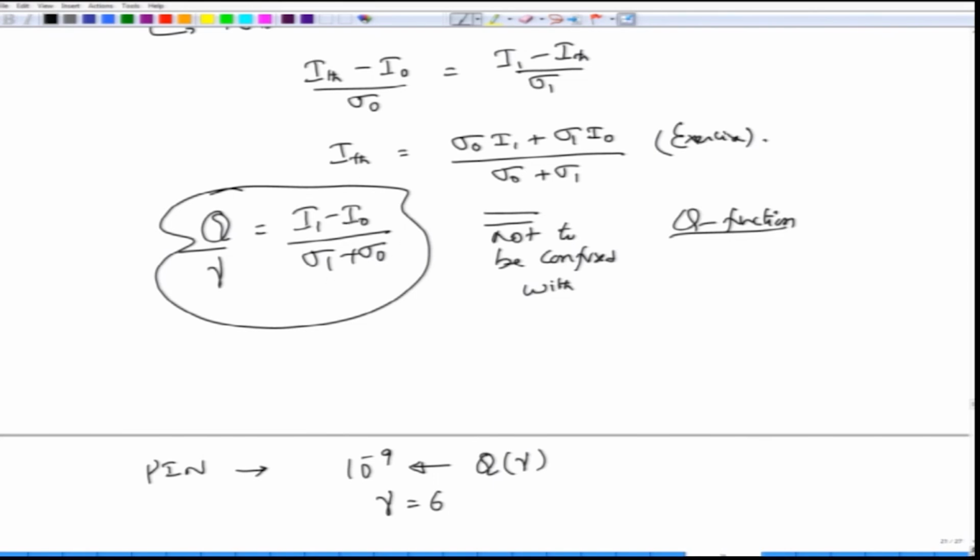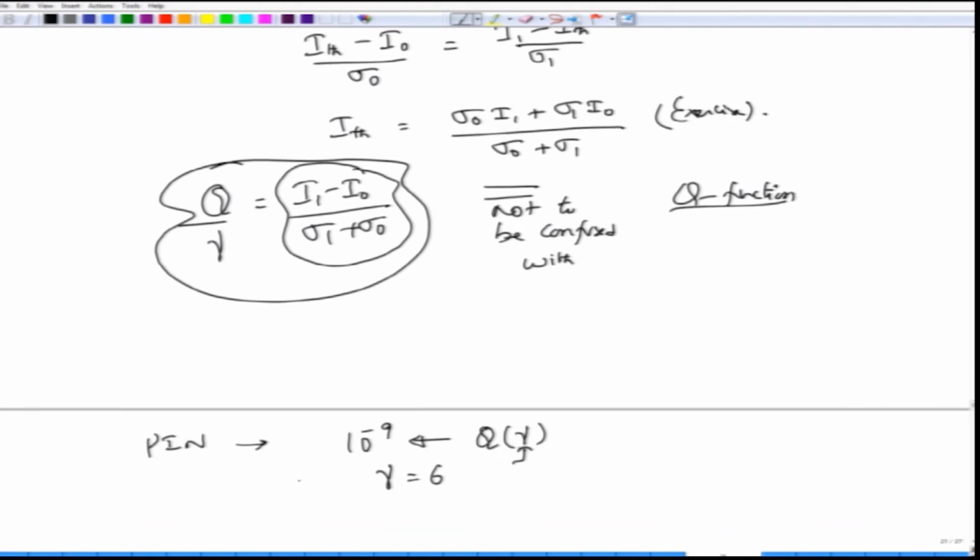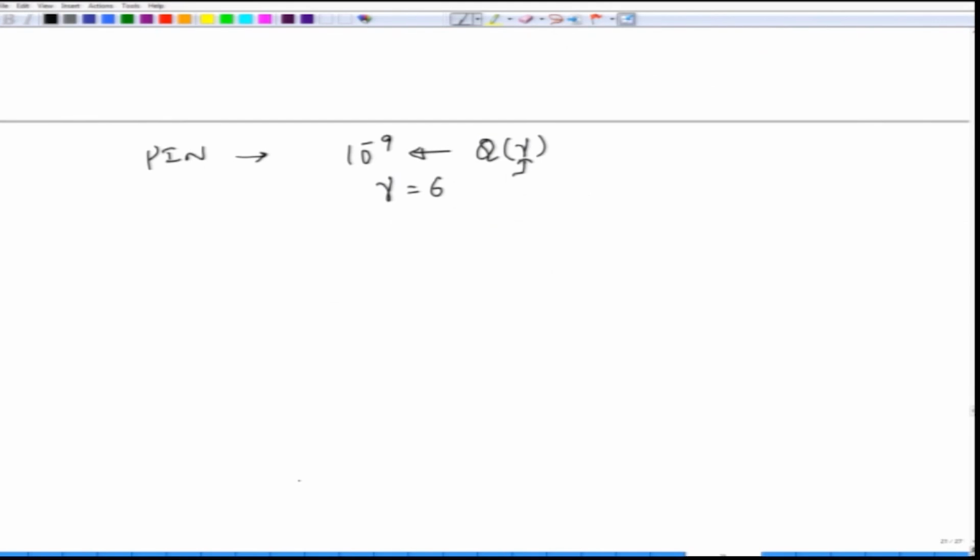So if you have received a certain power, then the Q factor that you set is the expression that goes into the Q function. This ratio of the current to the sigmas is the one that actually determines the Q factor that goes into the Q function, which then determines the probability of error. Now, for the case of the pin diode, sigma 0 is sigma thermal, and sigma 1 includes sigma thermal as well as sigma shot noise.